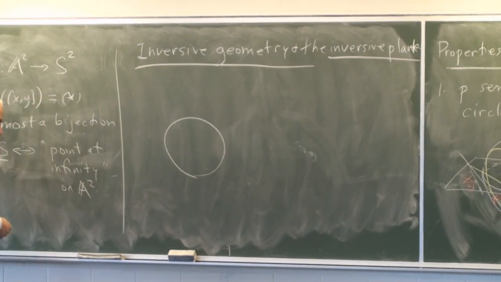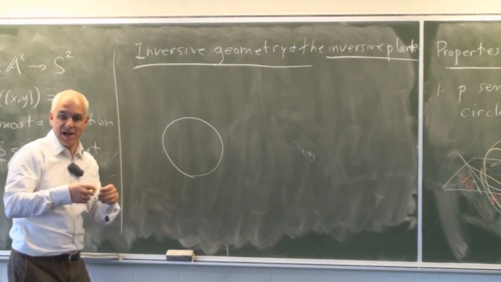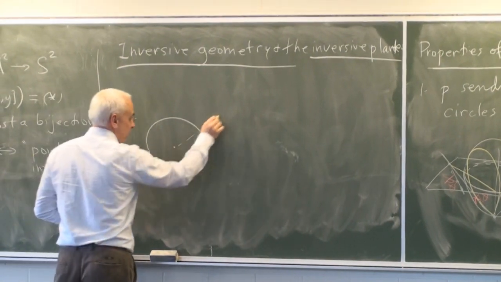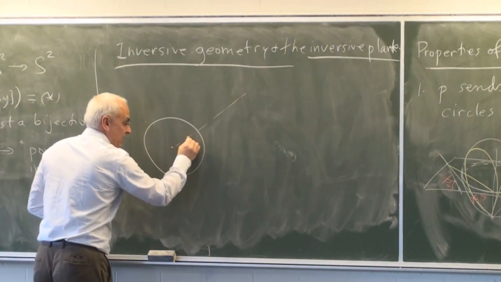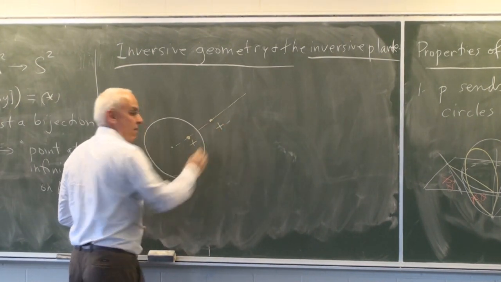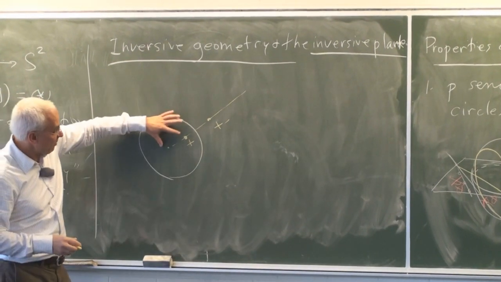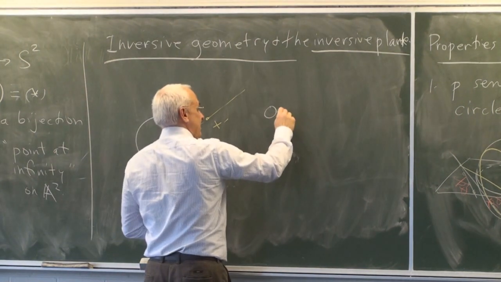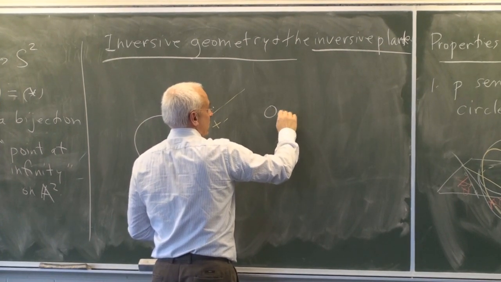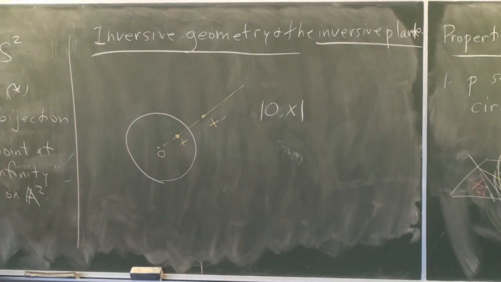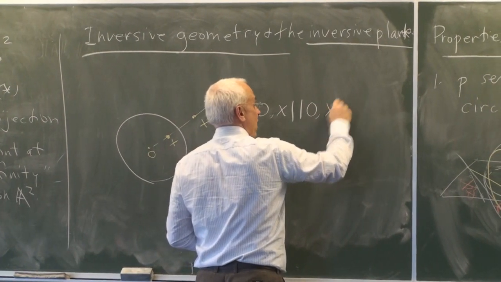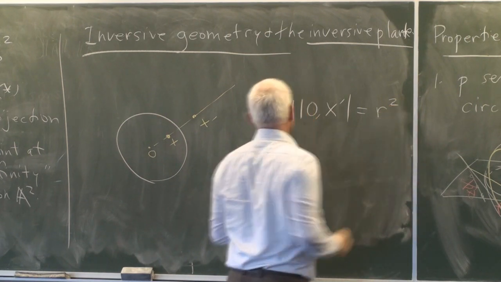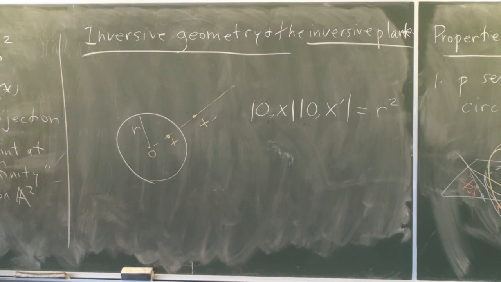Okay. And what is this notion of inversion? Well, roughly it sends points inside to points outside and points outside to inside, but more precisely what you do is you start with the center and draw a line like this, and then if you have a point x inside here, then its image will be the point x prime outside here, which has the particular property that, let's call the center O, we want the length between O and x times the length between O and x prime to be the radius of the circle squared.